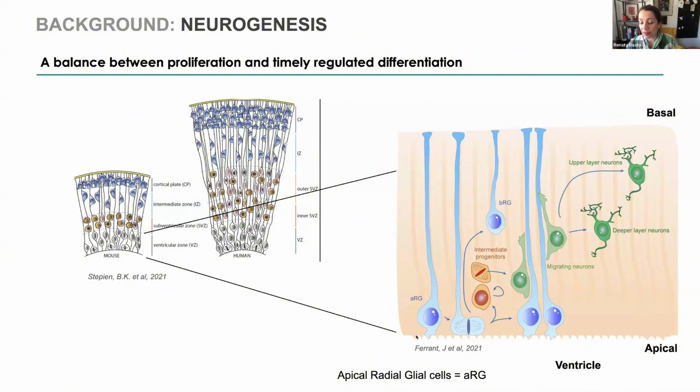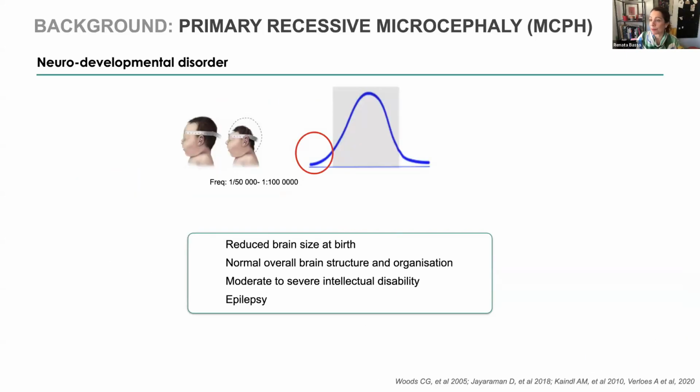And these apical radial glial cells are bipolarly attached to the apical side, which is in contact with the ventricle, and to the basal side. And when they divide, they can generate other radial glial cells or some intermediate progenitors, or even more differentiated cells by direct neurogenesis, which I'm really not going to be talking about today.